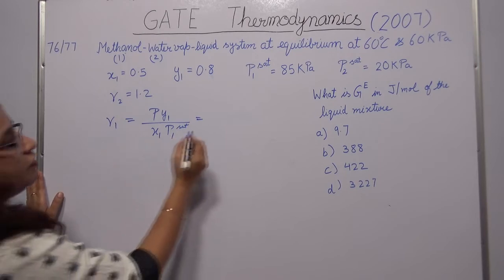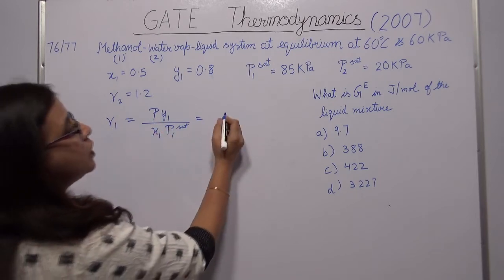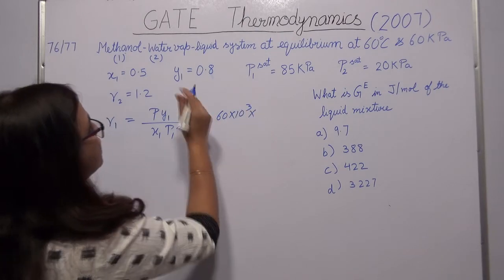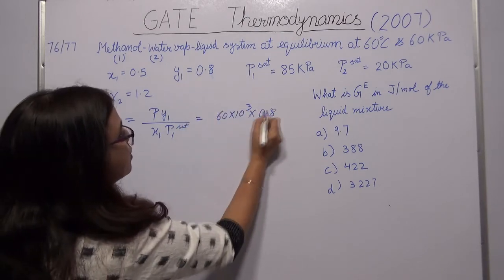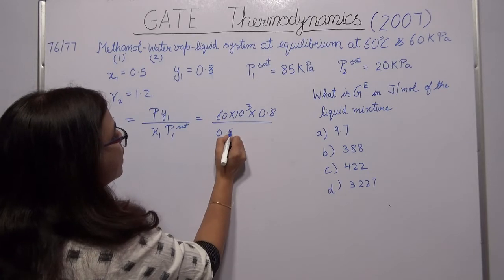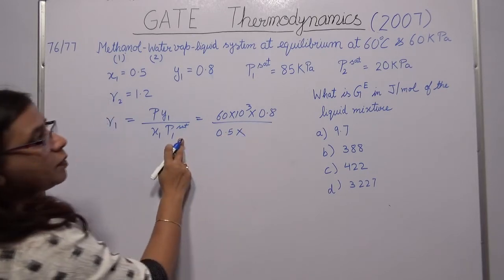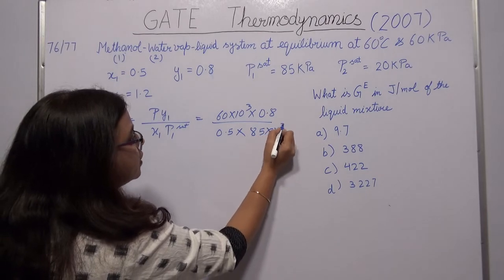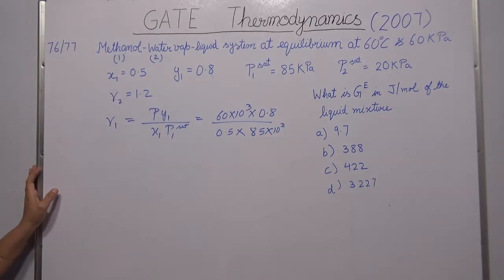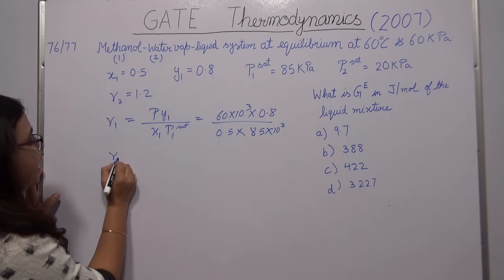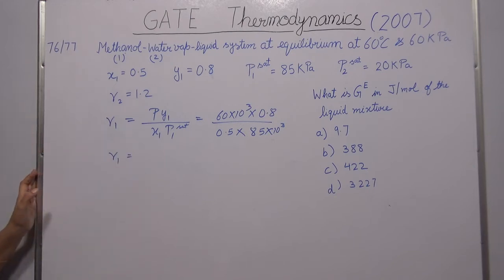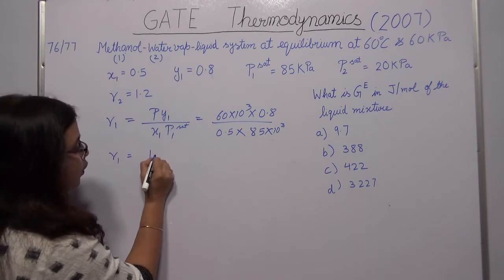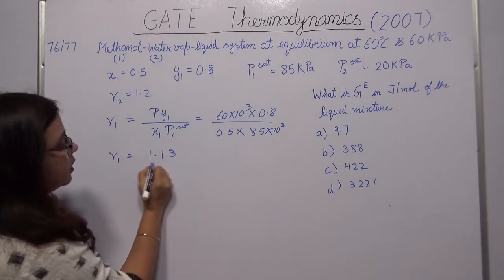So gamma 1 will be: total pressure is 60 into 10 raised to 3, Y1 is 0.8, X1 is 0.5, and the vapor pressure P1 saturation is 85 kilopascals, so that is multiplied with 10 raised to 3. If I do the calculation, I get gamma 1 as 1.129, which I am going to write as 1.13.